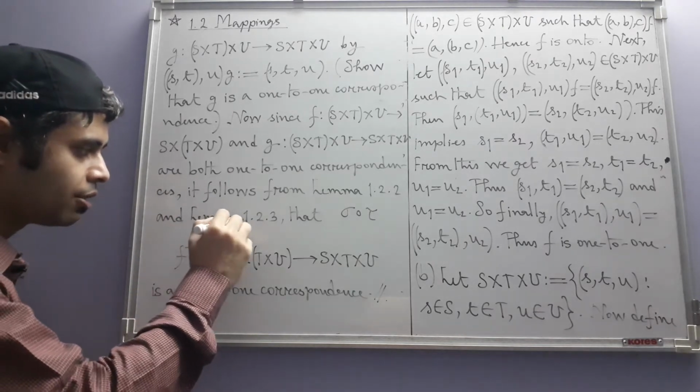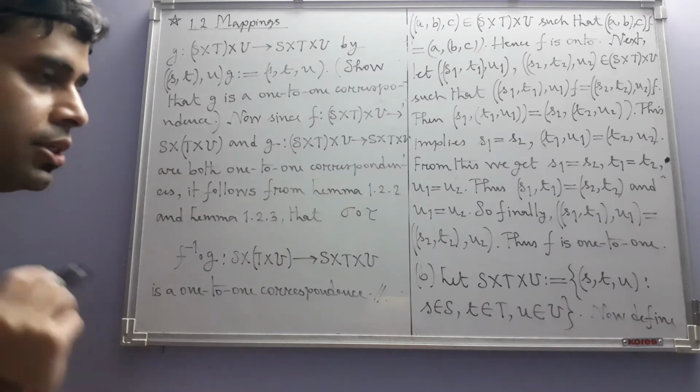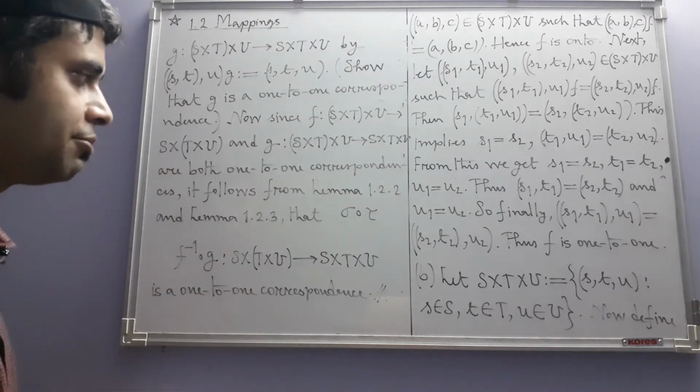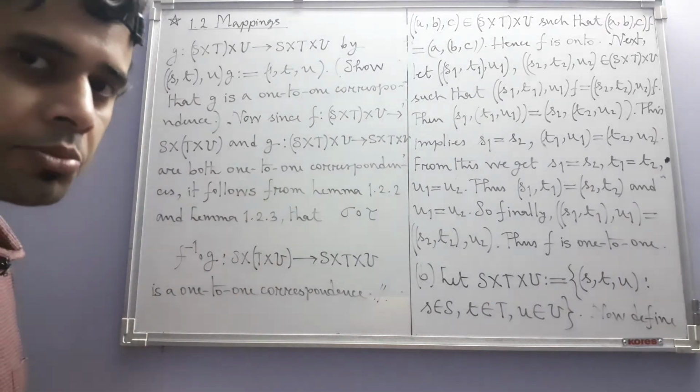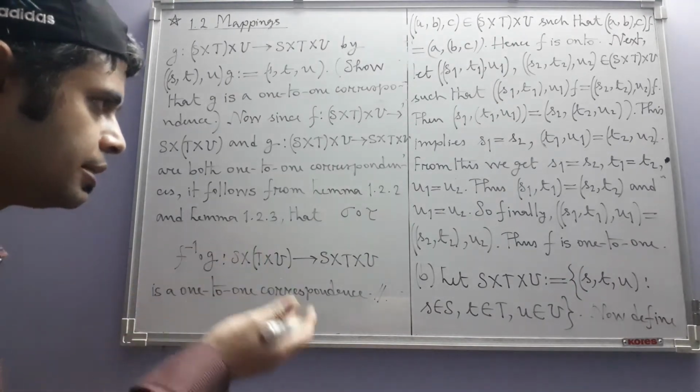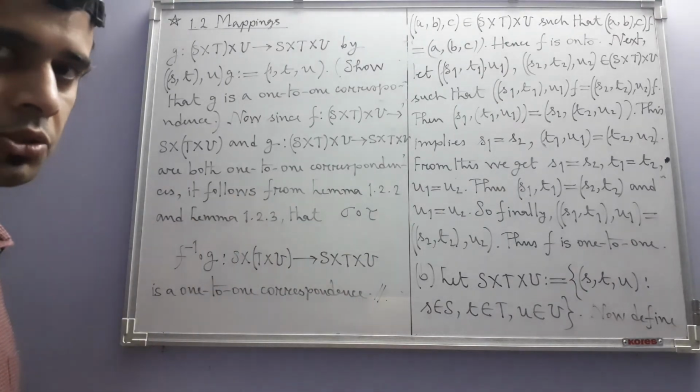We have used also lemma 1 to 3, which says that if we have a one-to-one correspondence, then there is an inverse function of that correspondence.